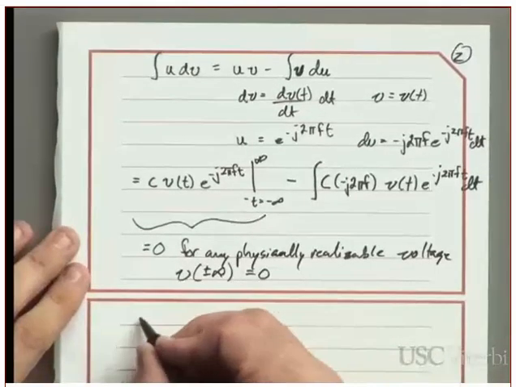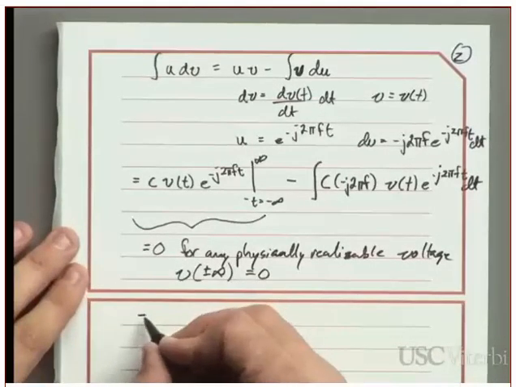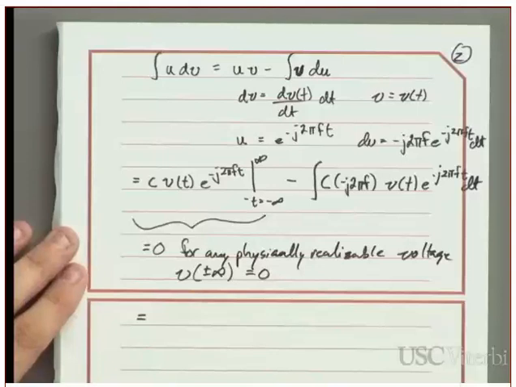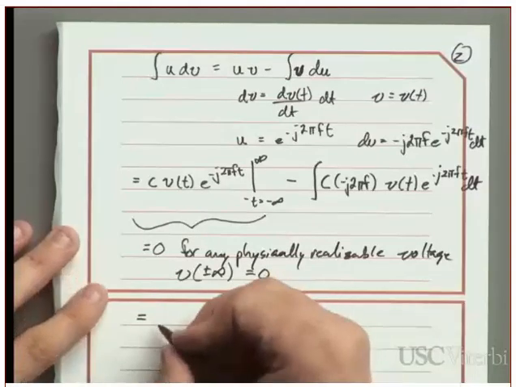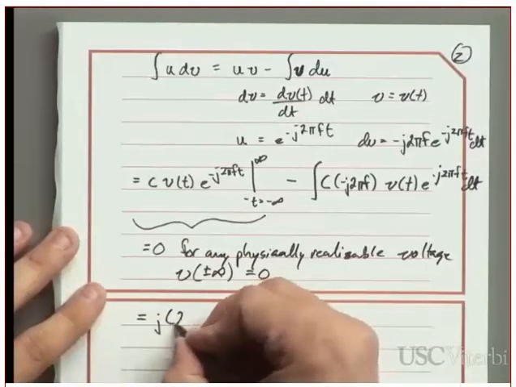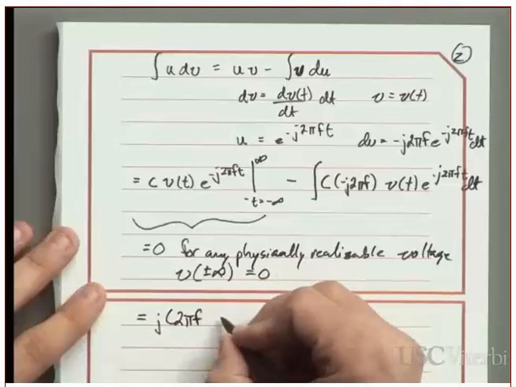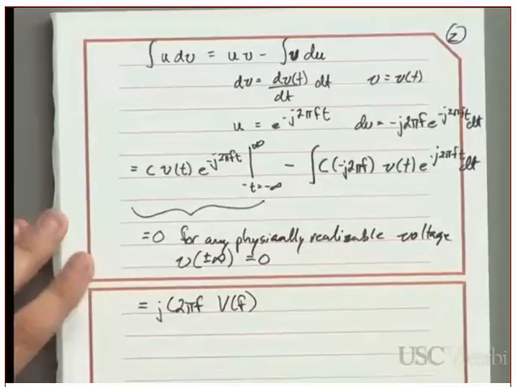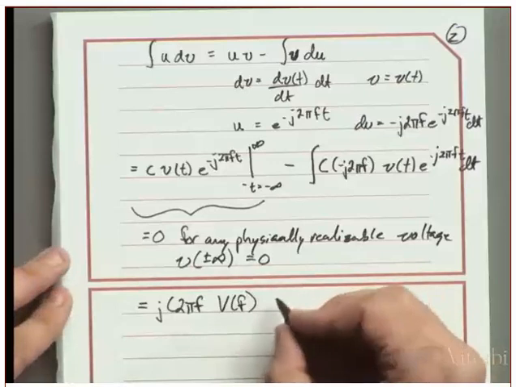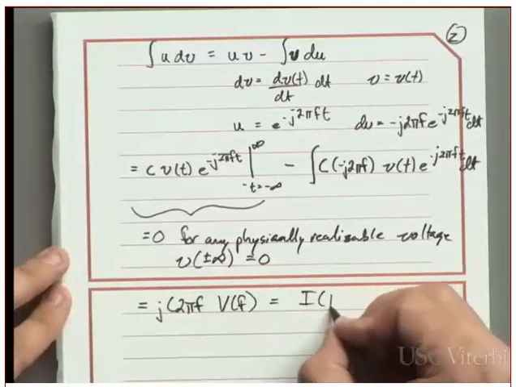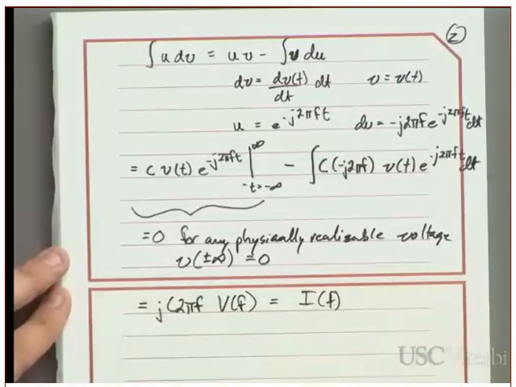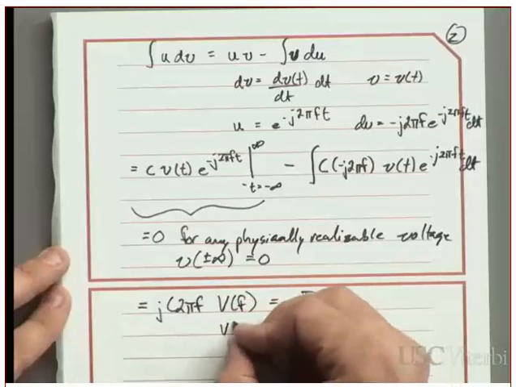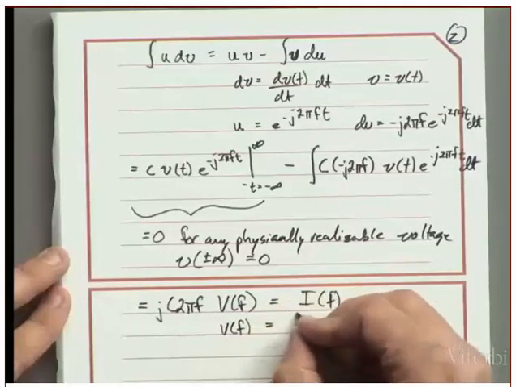So what I'm left with is my Fourier transform of the right-hand side is now going to be j c 2 pi f times the Fourier voltage. And if I set this equal to I of f, I get my standard equation, which is basically this rearranged.